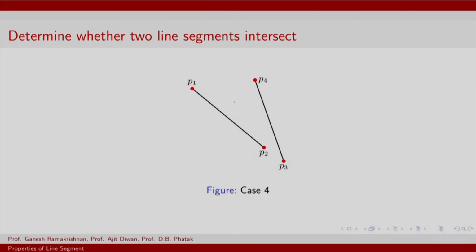P3 is indeed collinear with P1 and P2, but unfortunately P3 does not lie on the line segment P1 P2. So please note how we have at times talked about lines and at some other times talked about line segments. As far as points lying on opposite sides is concerned, we talk of their lying on opposite sides of a line. However, when it comes to collinearity, we insist on line segments.